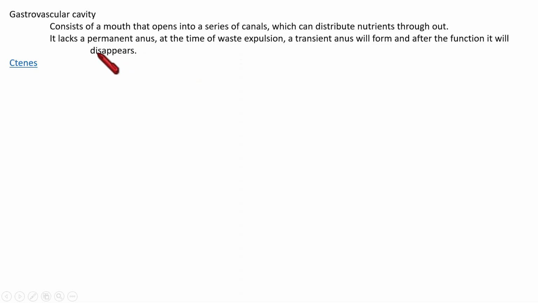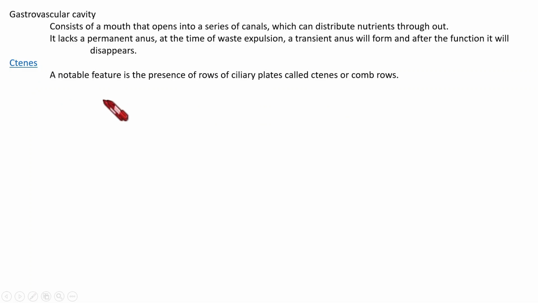And one of its main features, we can understand that this character is very important for this Ctenophora, that is the presence of combs. Let's see, it's a notable feature. What is this characteristic? It's the presence of rows of ciliary plates.